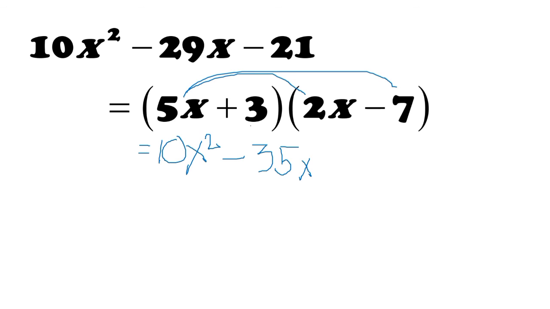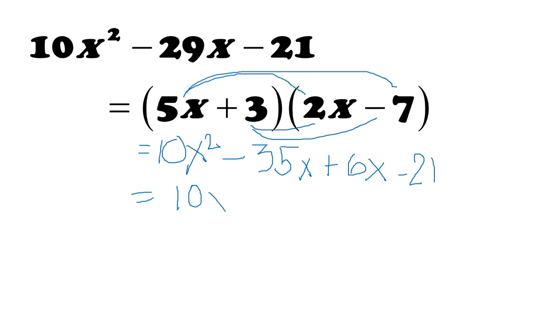Then 3 times 2x is plus 6x. Then 3 times negative 7 is negative 21.